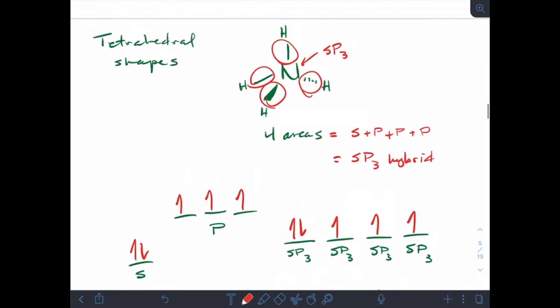So the takeaway message here is count the areas of electrons, and that many areas will tell you what the hybridization about a particular atom is.